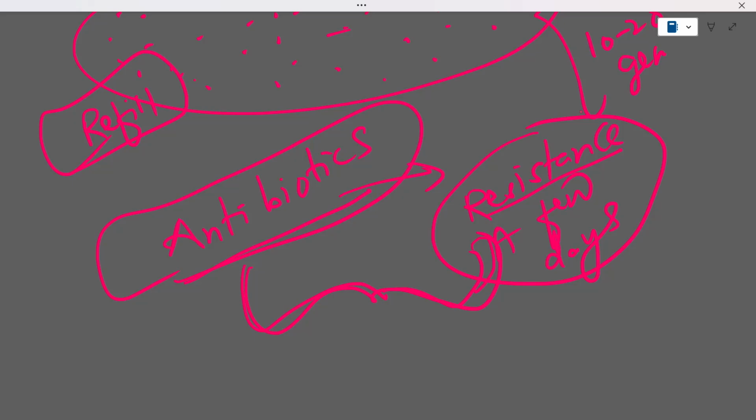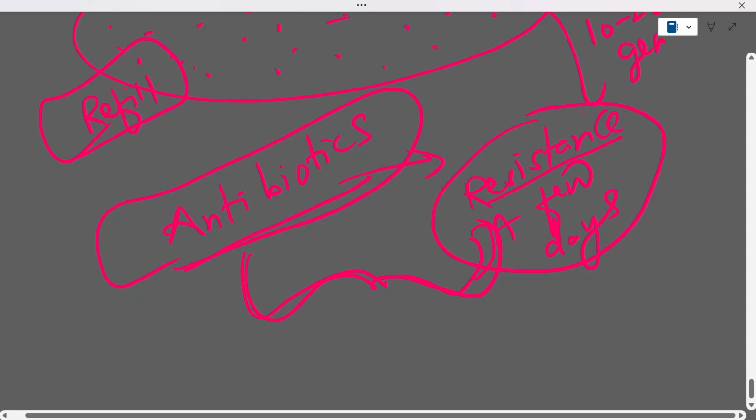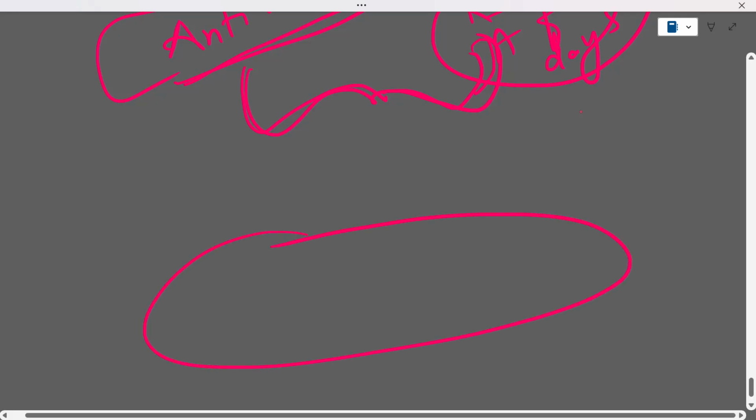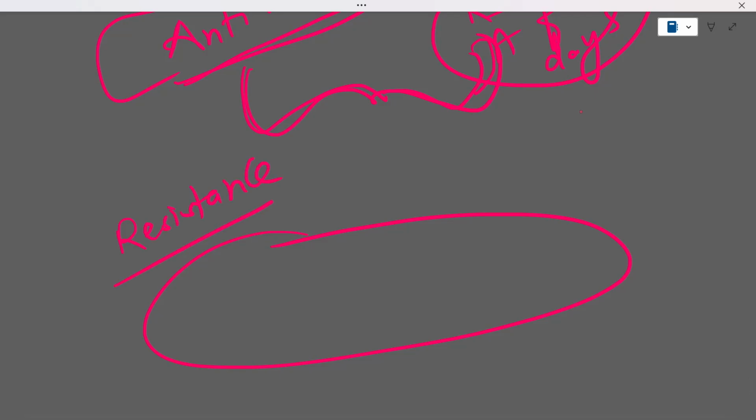So what happens is, when a particular group of bacteria builds resistance against a particular class of antibiotic, let's say earlier they built resistance to the X strain, now the pool has been refilled. This is the pool of the bacteria that have survived the killing action of antibiotic X. So now we have a higher antibiotic Y, which is higher in potency.